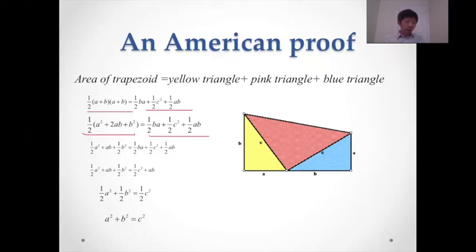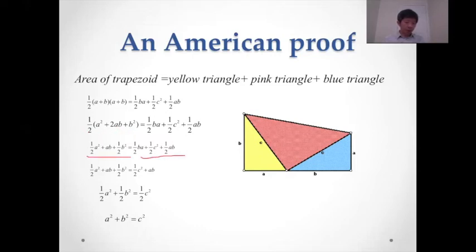Next step, you just take A plus B times A plus B. So therefore you get A squared plus 2AB plus B squared, right? And then next step, you can factor, take 1/2 times this and times this, so that's why we have this step.